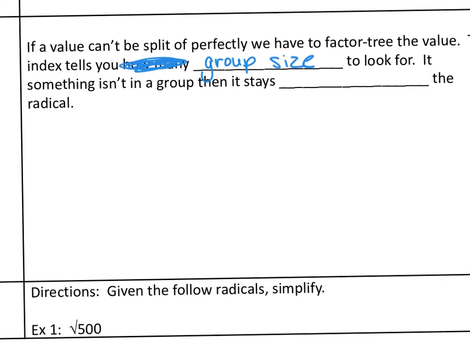Index is going to tell you the group size. If something isn't in the group, then it's going to stay inside the radical. Okay, so the radical is home base, right? If it's not going to the party, it is staying home. It's staying inside. You're not doing anything with it.